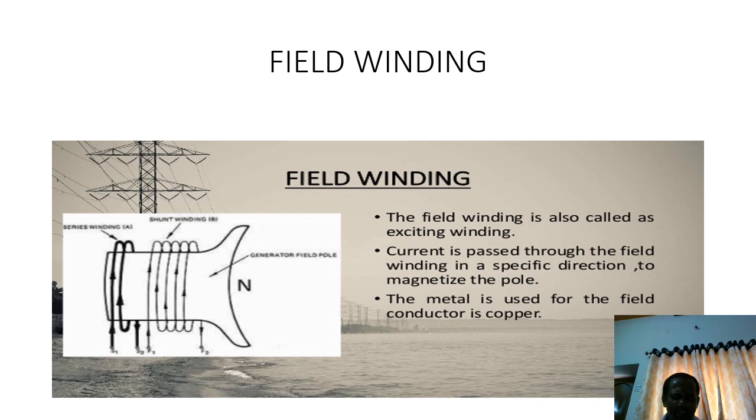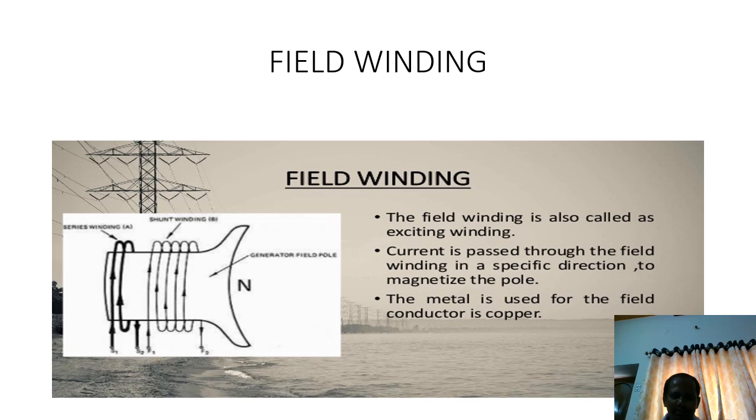The field winding consists of enamel coated copper or aluminum wire and is former wound to fit over the pole core. When current is passed through the winding coils, the pole core becomes an electromagnet which produces the necessary magnetic flux. All the field coils are connected in such a way that the adjacent poles are of opposite polarities.